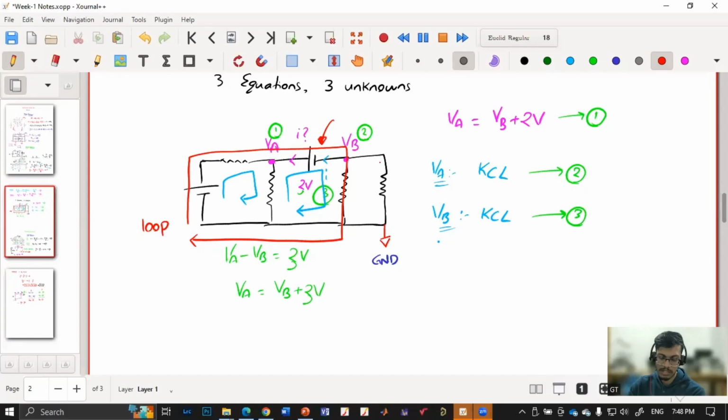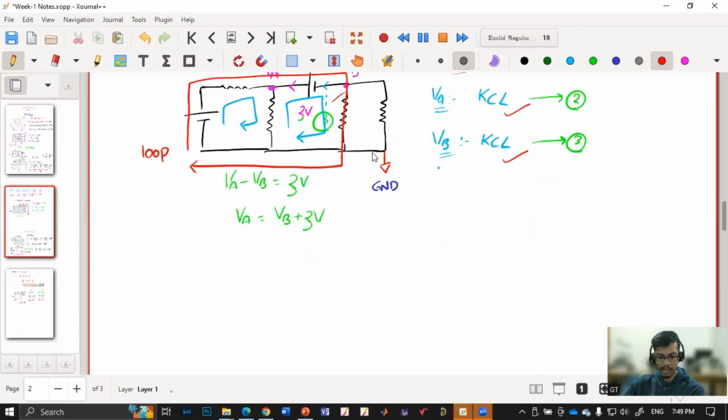So what I will do, one way, is consider a current I, and then apply KCL here and also KCL here. So now my entire circuit has 3 unknowns, mainly VA, VB, as well as I. So I need 3 equations. One equation is directly the relation between VA and VB. The other equation is KCL at VA, and the other one is KCL at VB. So I'll get 3 equations, 3 unknowns. But let me get back to it.